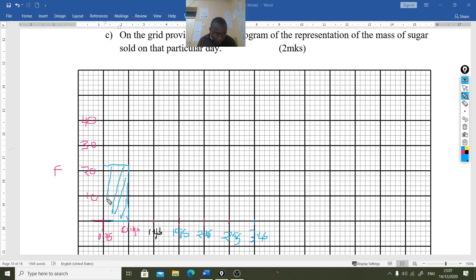This is the first bar. Remember, as I have said in my other forums, there is a difference between a histogram and a bar chart: in a histogram all the bars touch each other, but in a bar graph they are separated. The next one is from here to here, a frequency of 38. 38 will be here, so I join it there and draw it this way.